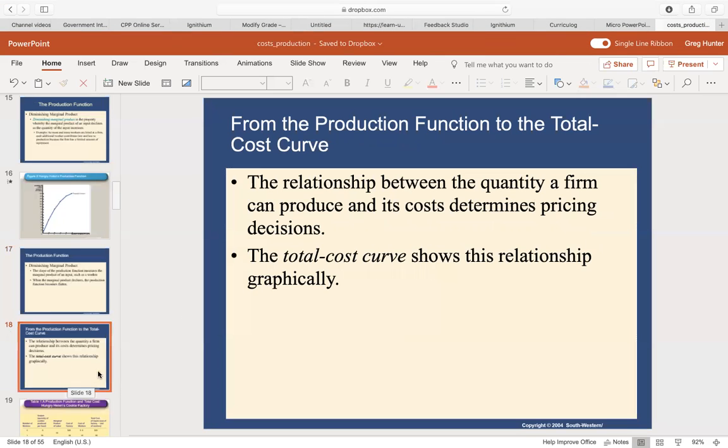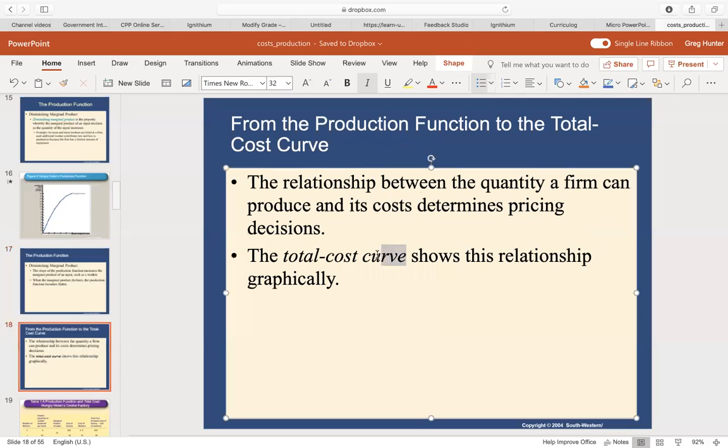Okay, so now we're going to be interested in shifting from production functions to cost curves, which are looking at the relationship that comes from having inputs that you're paying for to produce output. But instead of looking at the number of inputs themselves, we're going to be looking at how much the company is spending, or their cost that they're spending on the inputs, and showing, and there's a chain here, right?